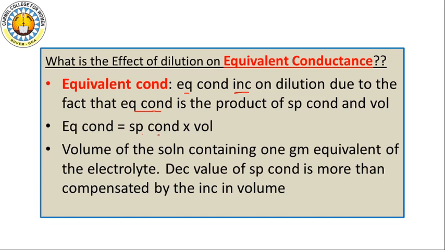So just now we have seen with dilution, specific conductance decreases. But what happens to the volume of the solution when you dilute? When you dilute, the volume of the solution increases. Volume of the solution containing 1 gram equivalent of the electrolyte increases.